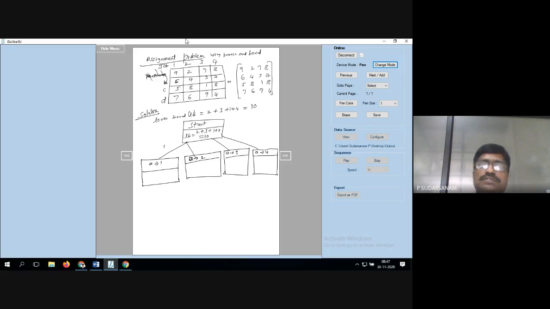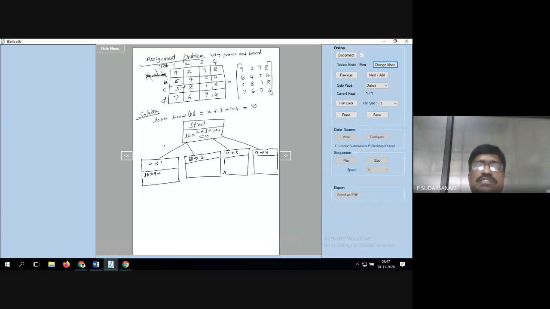Now A is equal to 1 means the first value is compulsory, you have to take it, and for the remaining rows take the minimum. This column cannot be taken later. That is what we have to do now.